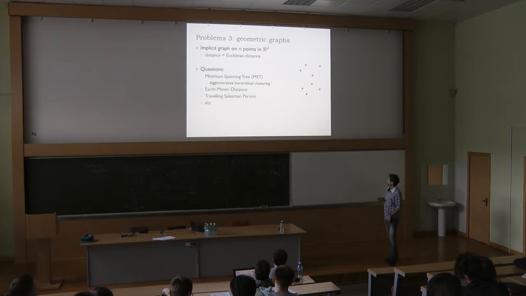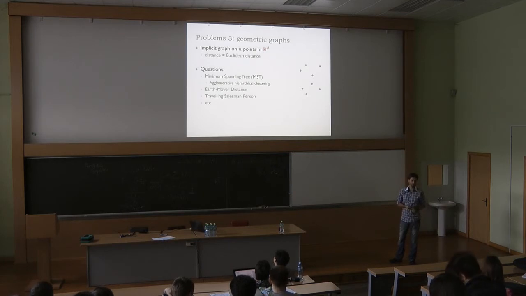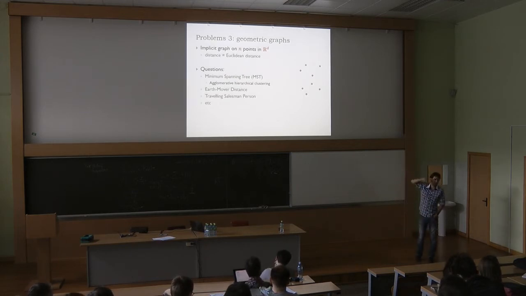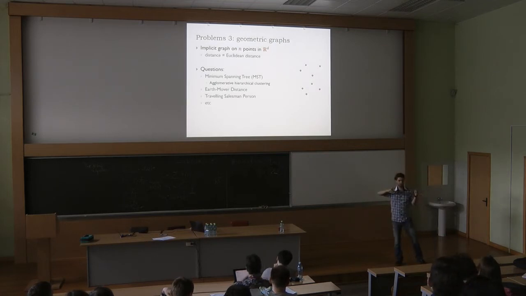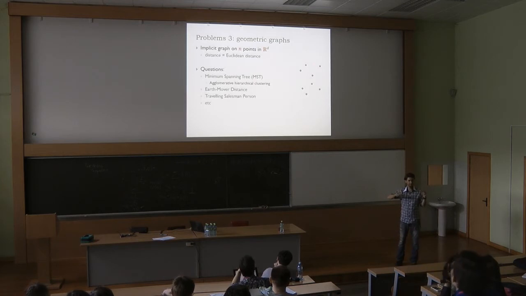It is the same basic graph questions, but in the situation where the graph is defined the following way. We have endpoints in, say, d-dimensional Euclidean space, and think of it as a fully connected graph, and the distance between each 2 points is defined implicitly by the distance between those 2 points.